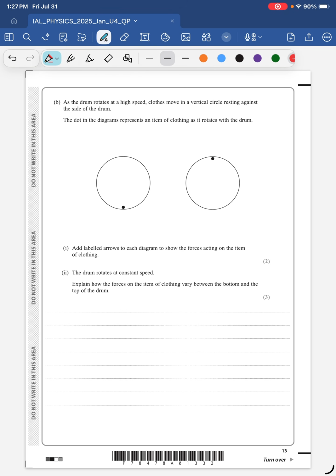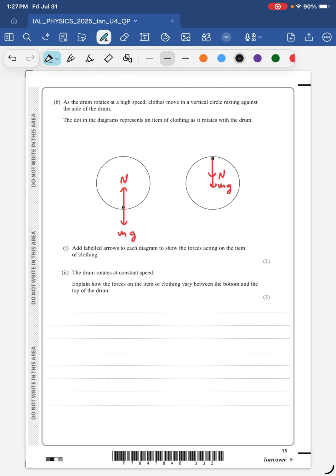So on this occasion, we have the reaction force from the drum, let's call it N, and the weight of the clothing, M times G. In the other circumstance, we have again the reaction N and the weight M times G, pointing in the same direction.